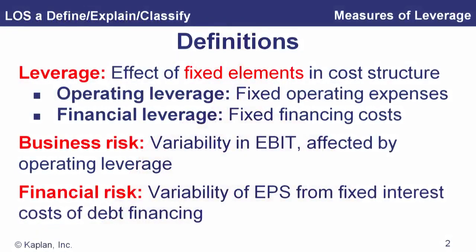And financial risk is the variability in earnings per share, a little further down the income statement, from the fixed interest costs of debt financing. Now, EBIT is before interest costs, and earnings per share is after we put the costs of financing into our income statement.